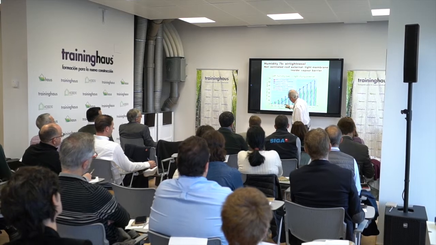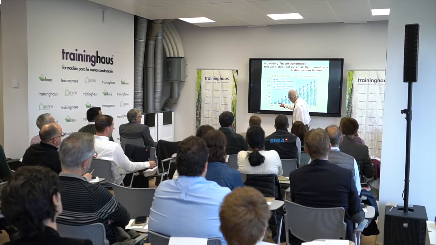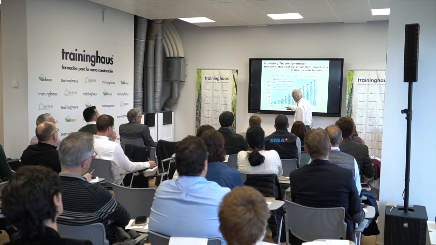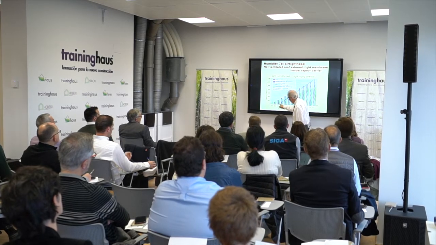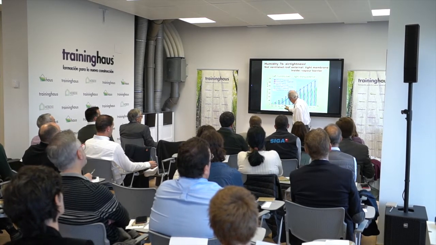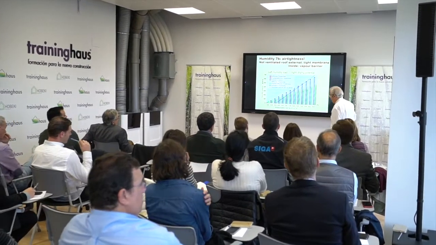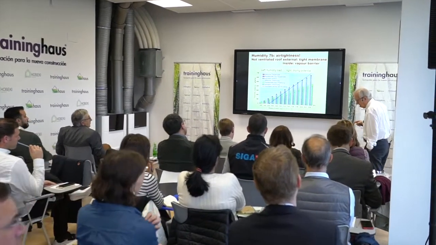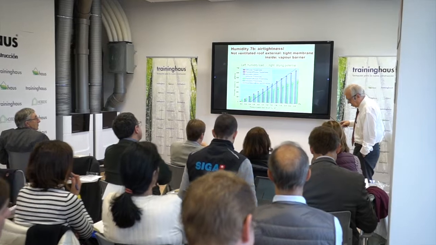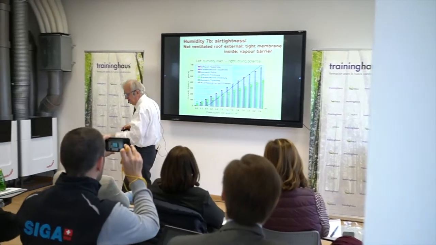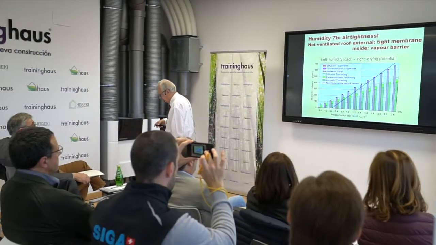So the last point where the drying capacity is higher than the added humidity is at a level of around 0.4, between 0.4 and 0.6 air changes per hour. So this is why it's especially important in such types of constructions that the construction is really airtight. Otherwise, you will run into these problems.